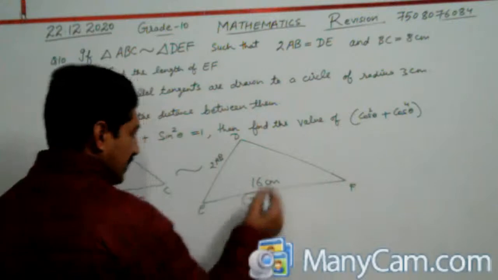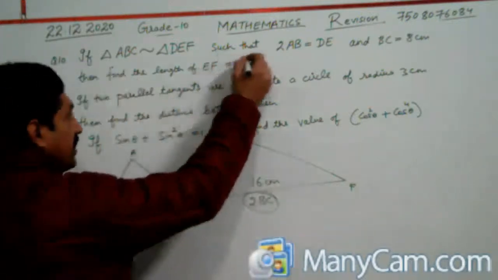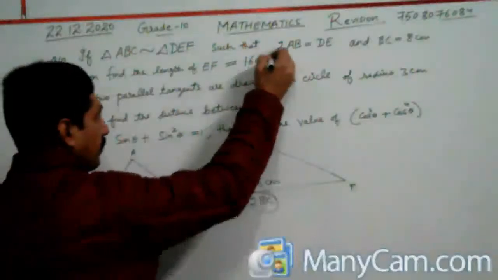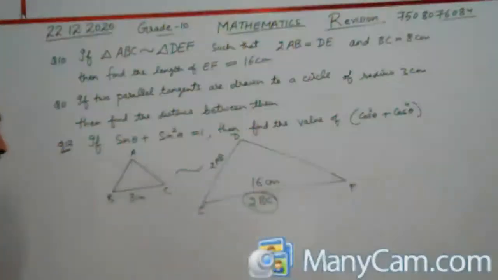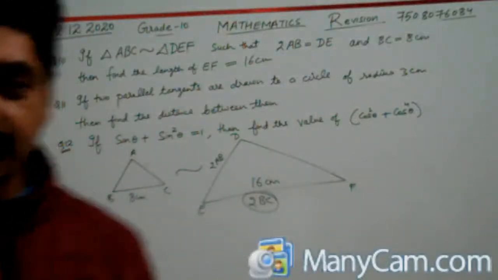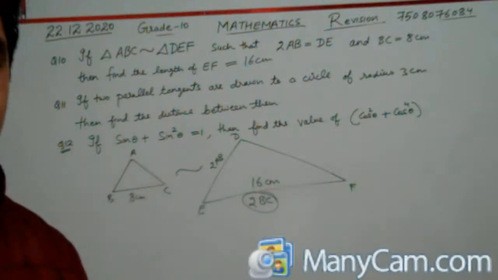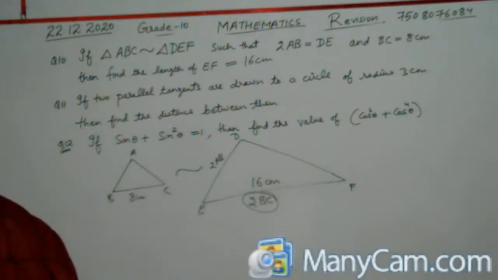Twice of BC is 16. So EF is 16 centimeter. Try to understand the triangle here. DEF is the bigger triangle, ABC is the smaller. That's why they are saying DE is twice of AB.